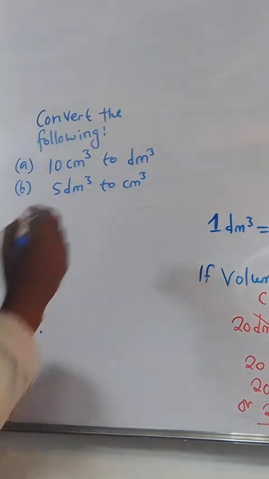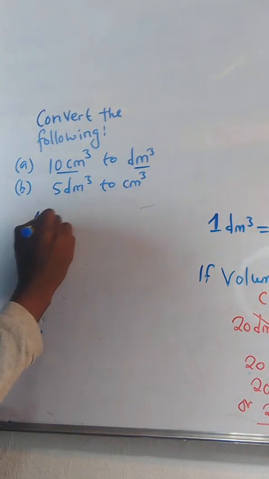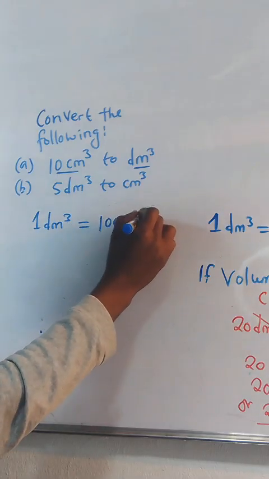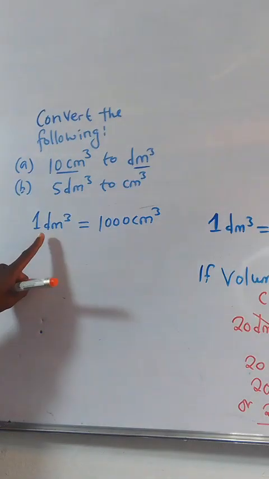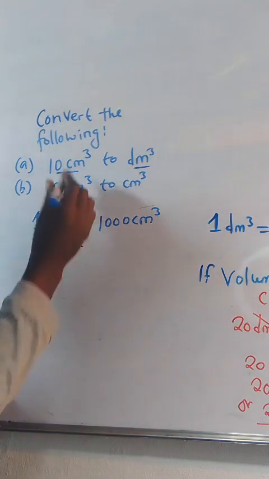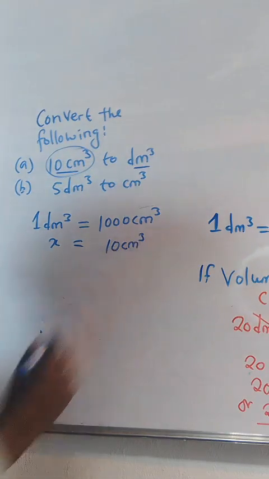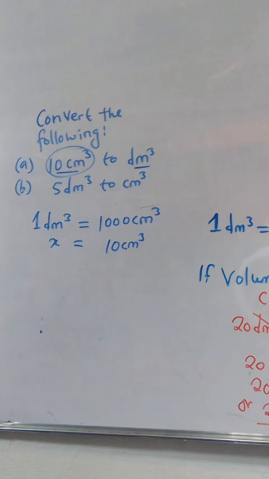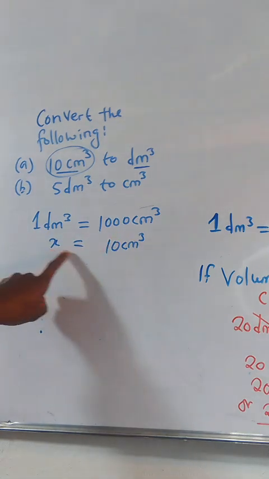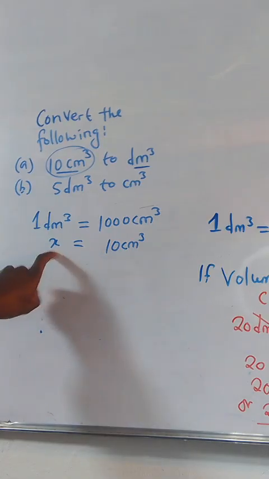Now we are changing this one to this one. We know that 1 decimeter cubed equals 1,000 cubic centimeters, and then x equals this. Now what about this 10 cubic centimeters? How much is it in decimeter cubed?